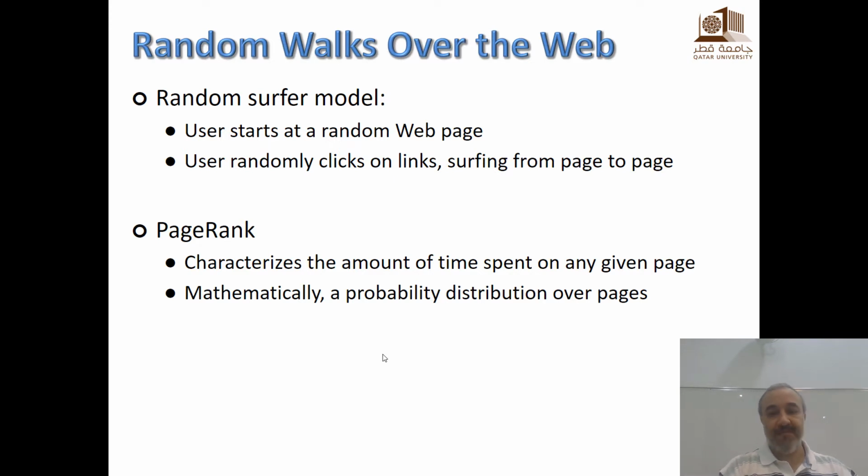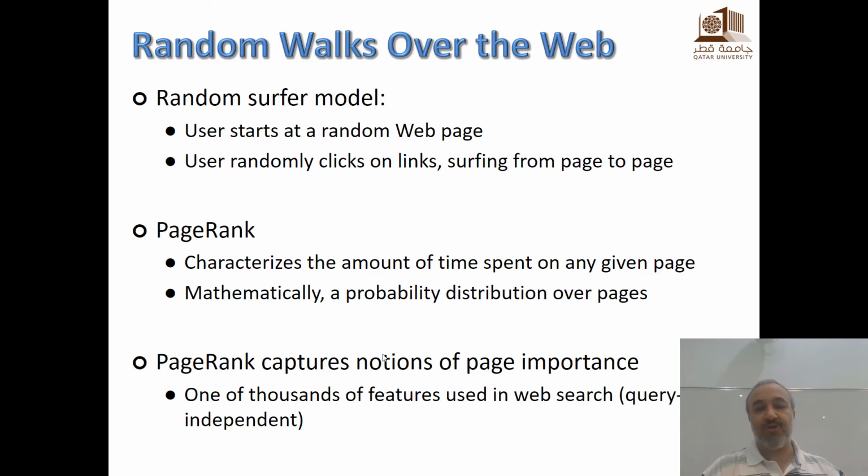So mathematically, PageRank is a probability distribution over all pages. So if we compute PageRank for every page, then the total scores will be just 1, because it's just a probability distribution. Okay, so keep that in mind because this is an important note.